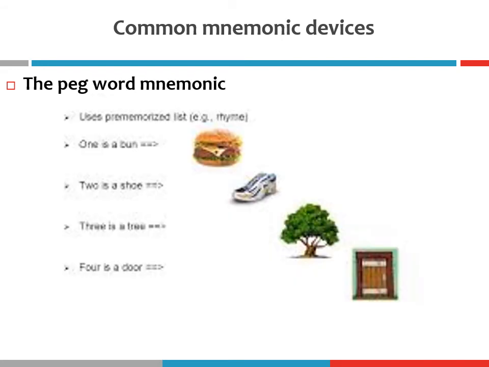Okay. My last example of an effective mnemonic device is the peg word mnemonic, right? So with this particular mnemonic, you have two pegs, as they're called, and those pegs are basically going to provide a scaffold or a structure on which you can associate the new information you're trying to learn, right?